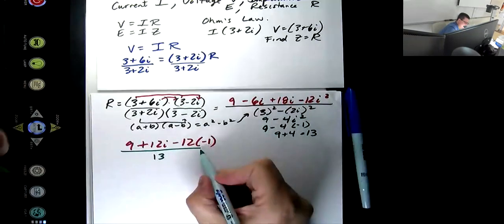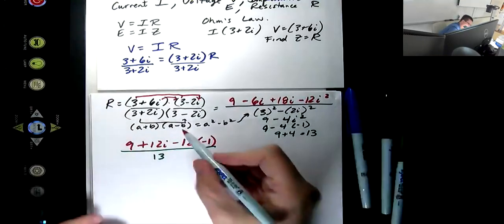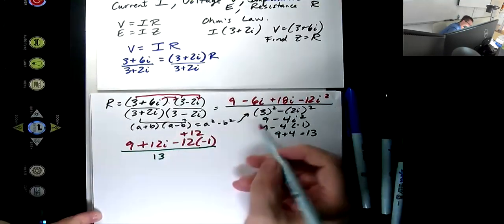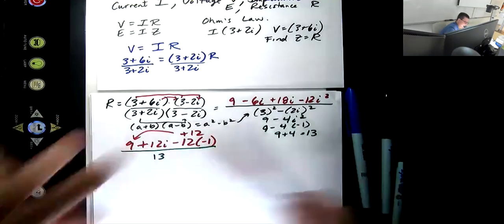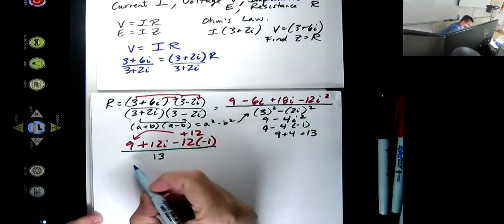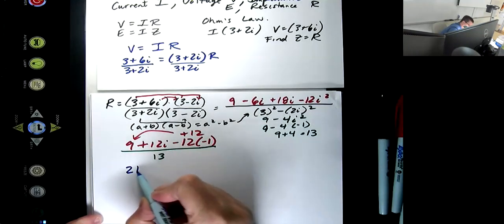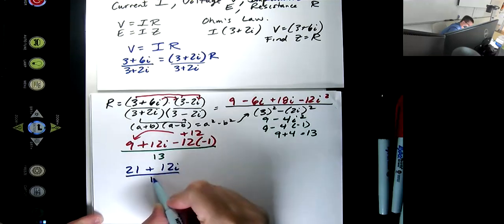Which means this is going to turn into positive 12 right here, and we can add it to this. When we add it to that, we get 9 plus 12 is 21. And we still have plus 12i all over 13.